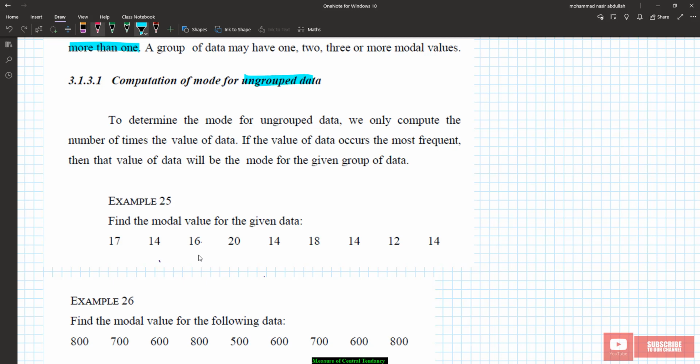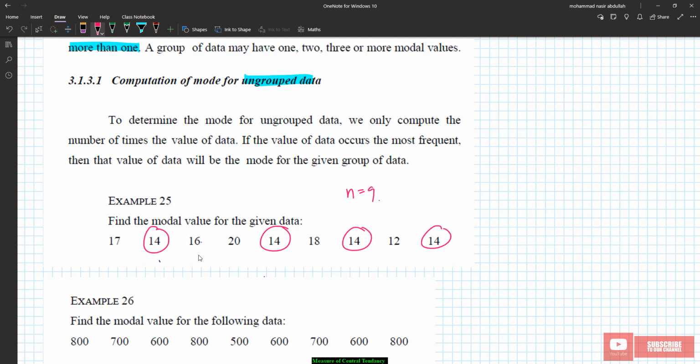In ungrouped data, we don't need to arrange the data in ascending order, we just need to count the data. So if you look here, how many data do we have? 1, 2, 3, 4, 5, 6, 7, 8, 9. So n is equal to 9. 14 we have 3, 4, right?